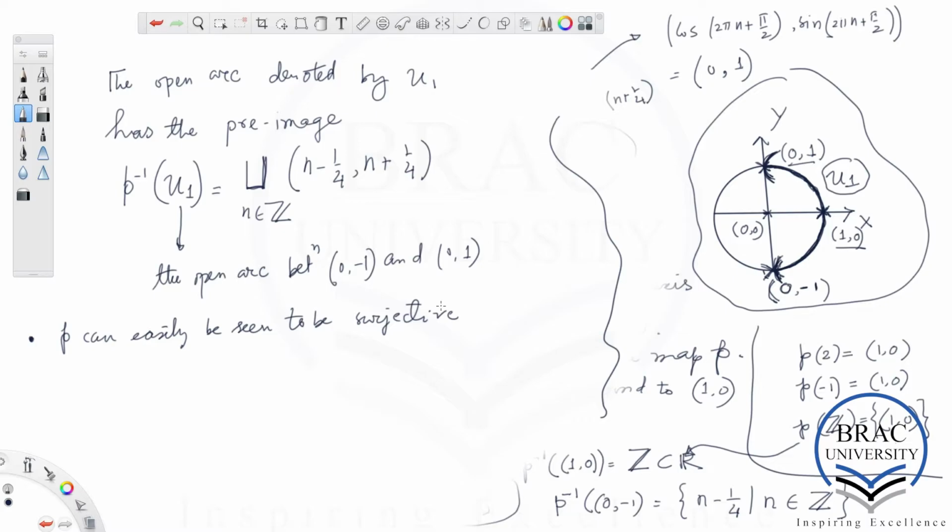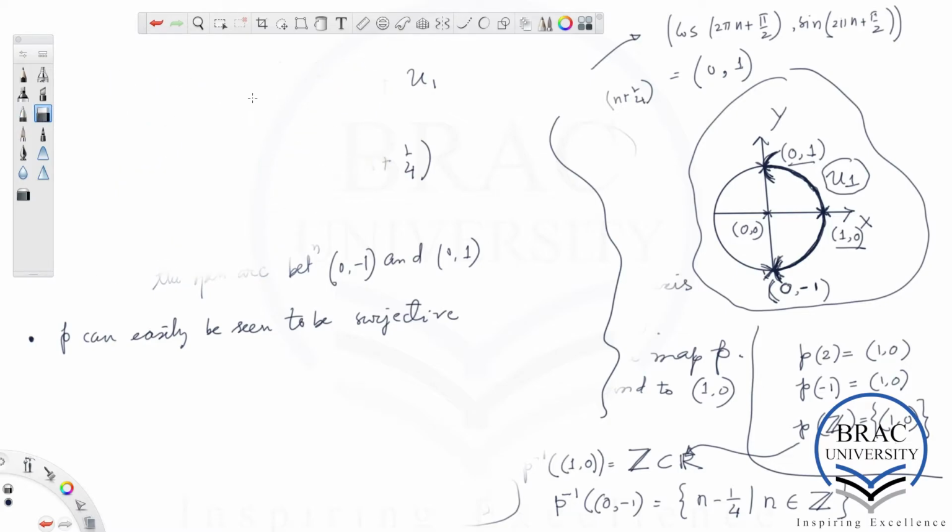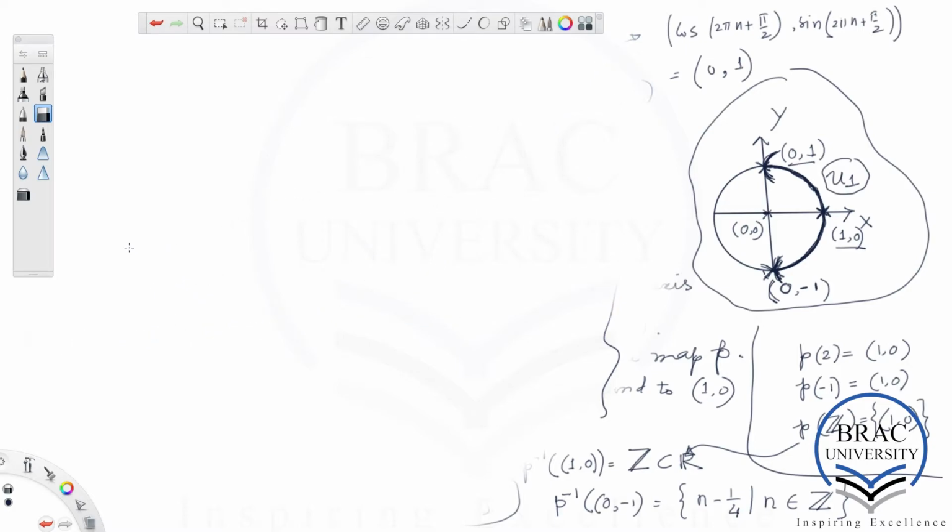Let us have a closer look at how we do that. One arc is this arc U1, and we can also have other arcs.